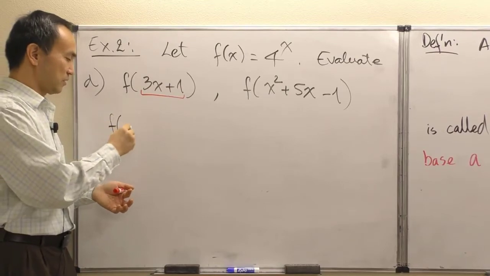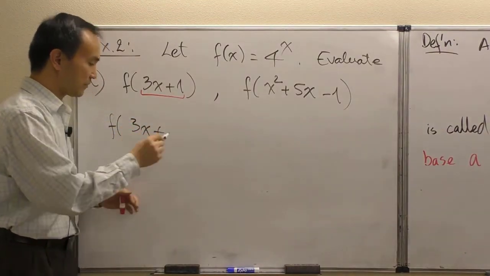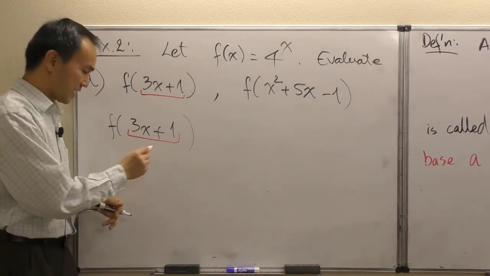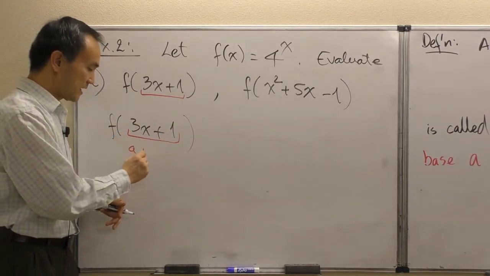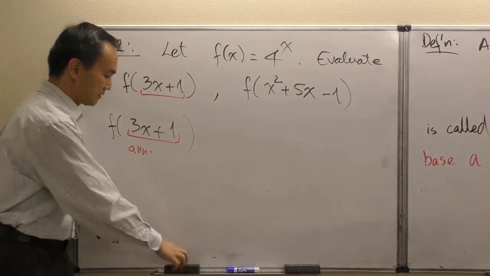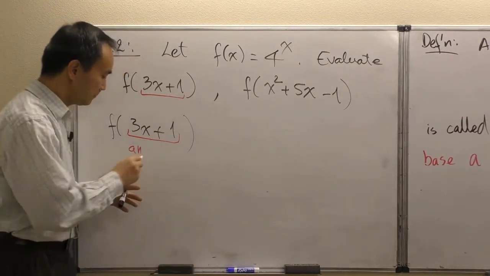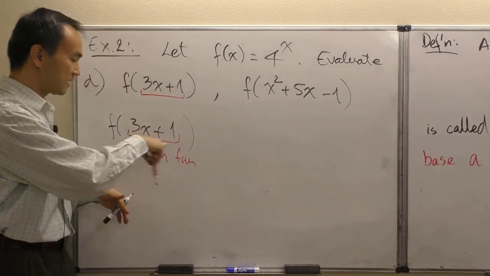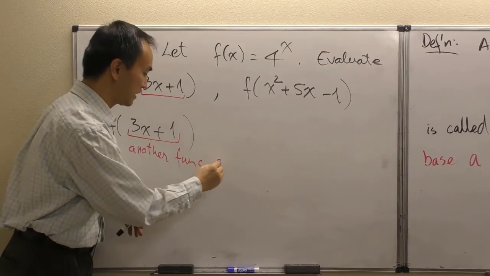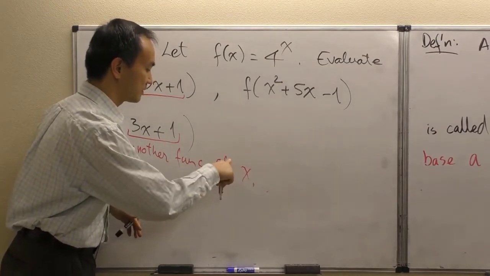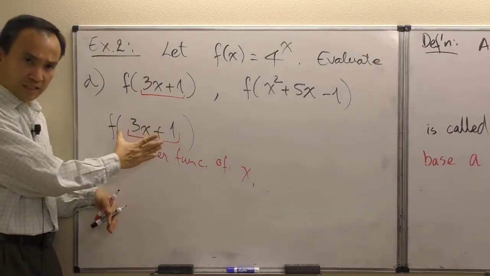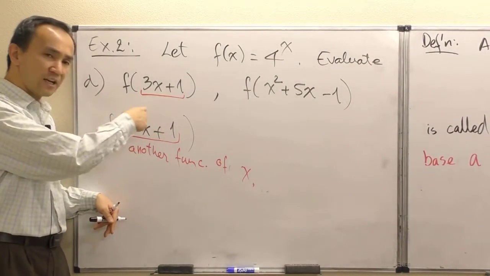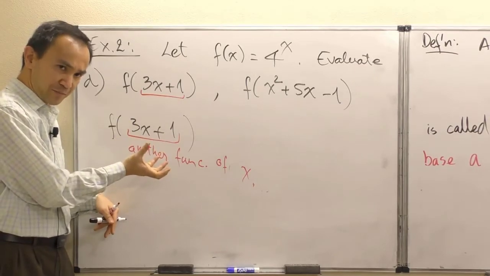As we're about to tackle f of 3x plus 1, I just want to remind you and raise your awareness that this highlighted, underlined 3x plus 1 is another function of x. The 3x plus 1 itself is another function of x, but that's not really important. Now, seeing that whole thing here as an expression in the place of the inputs.